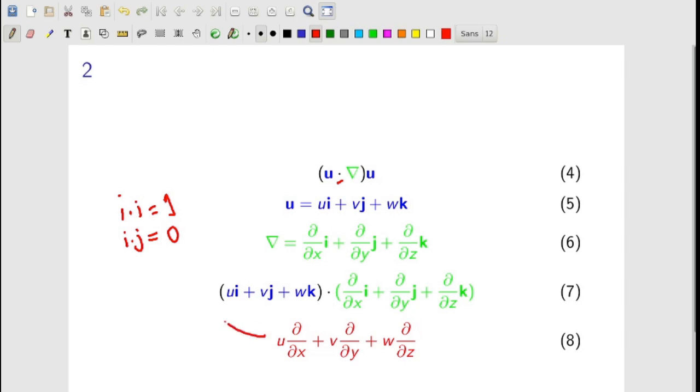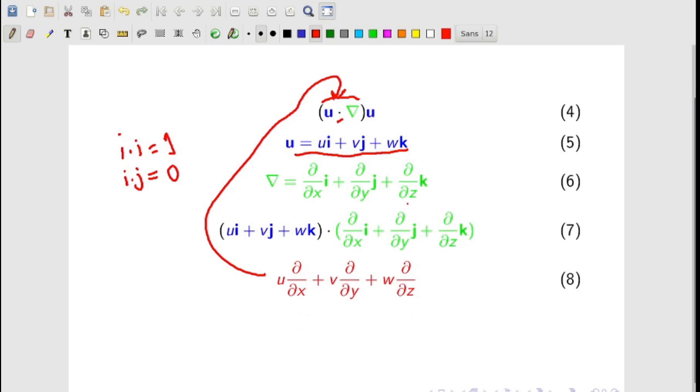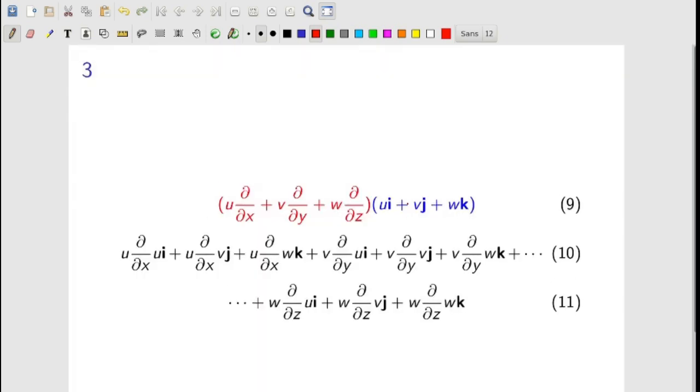So this part of the term, now all you have to do is to multiply this again by this term here. And what we can do here is just use the distributive property. Using the distributive property here, the unit vectors are conserved, so they did not disappear as in the case of the divergence.